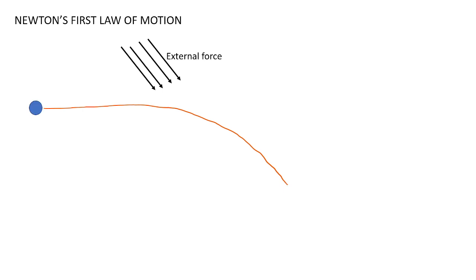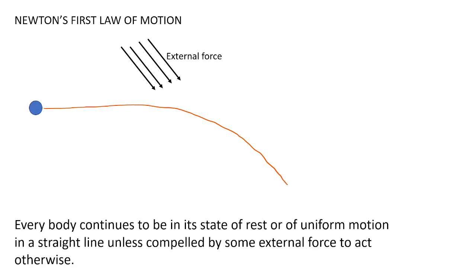Yes, sir. Trisha understood. For example, a wind is blowing. Of course, the body will be deviated from its actual path. So the definition of Newton's first law statement is this. Every body continues to be in its state of rest.